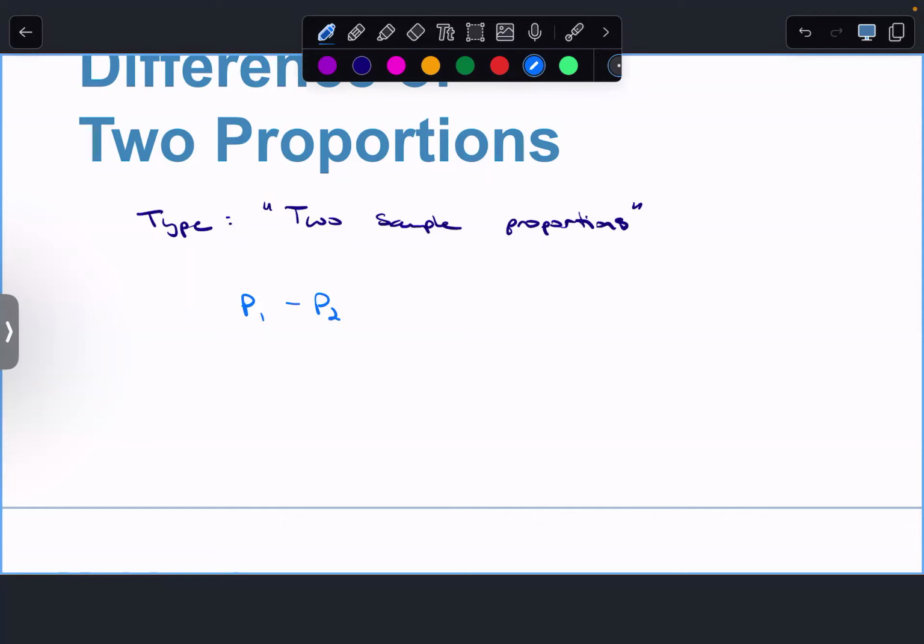I have to assume that they are the same until I have proof otherwise. If they're the same, then the difference is going to be 0, right? And so now I want to hypothesize about how this difference compares to 0. I'm getting ahead of myself, right? But that's where we're headed.